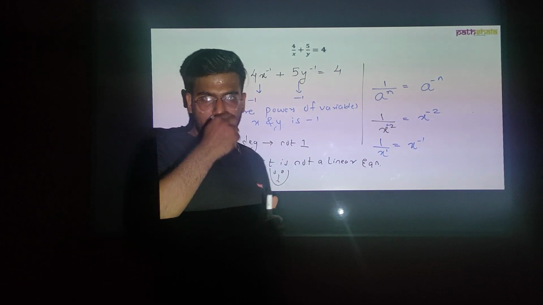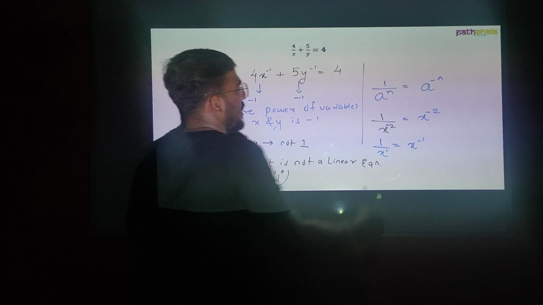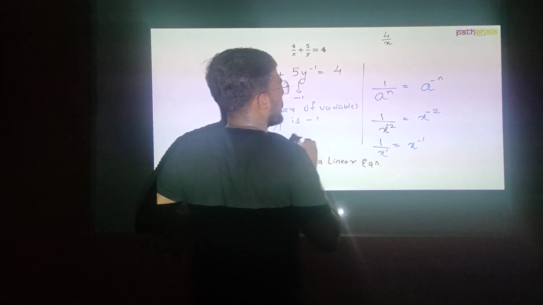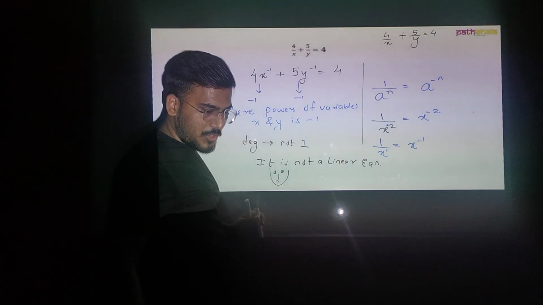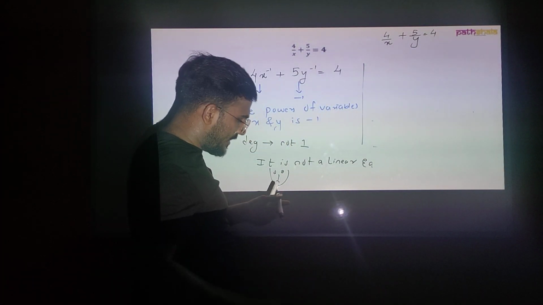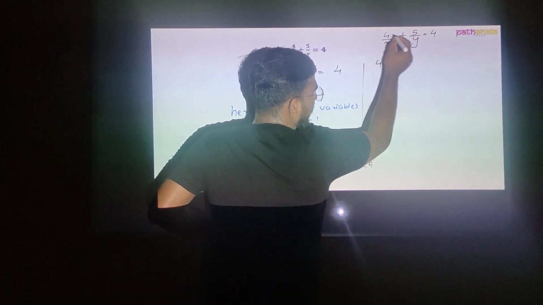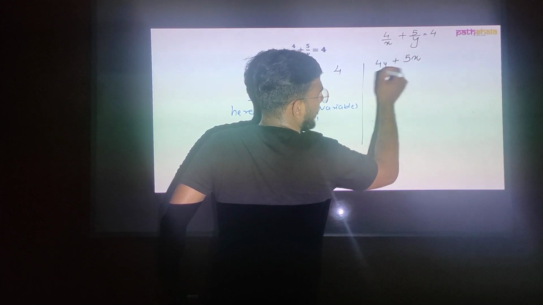Hope you understood this. Well children, we have one more method to solve the same sum. Let me show this. If we have 4 upon x plus 5 upon y is equal to 4, instead of taking any variable in the numerator, what we could easily do is cross multiply. 4 into y, 4y. 5 into x, 5x.